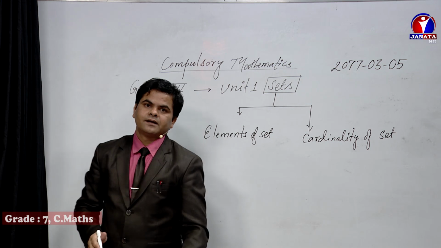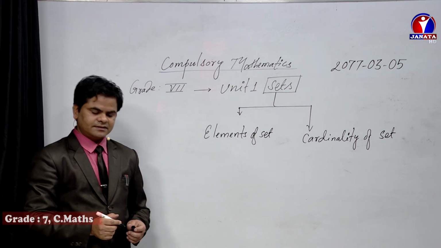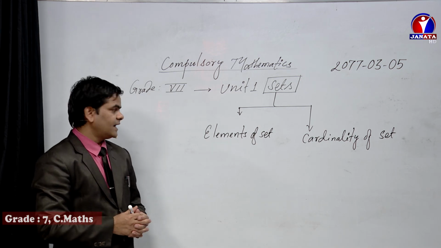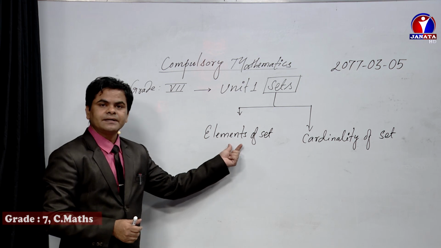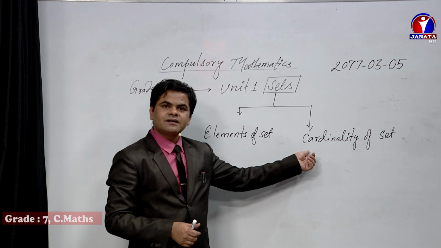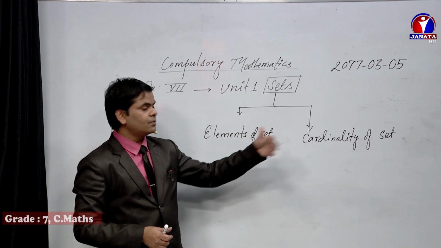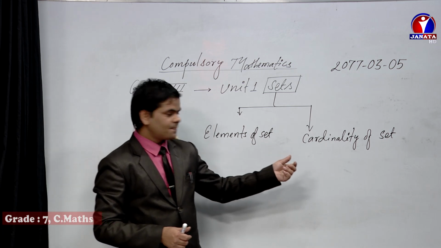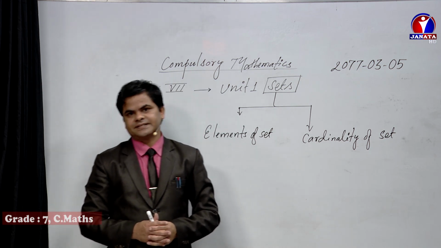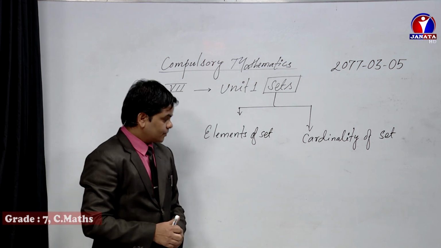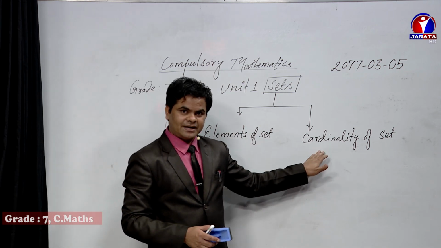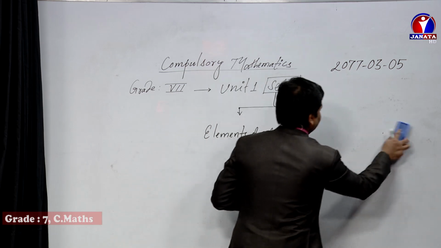In the junior classes, I mean in class 6, 7 and even in 8, you will study the elements of set. But when you reach class 8 and then class 9 and so on in the senior classes, you will get the opportunity to study cardinality of set. As we do not need this topic in class 7, I am going to erase this one. We will just focus on the elements of set.